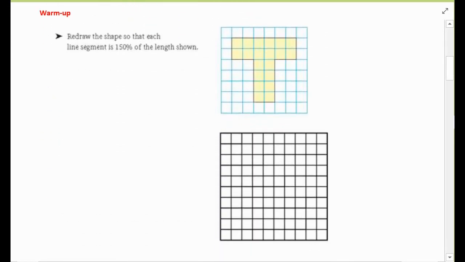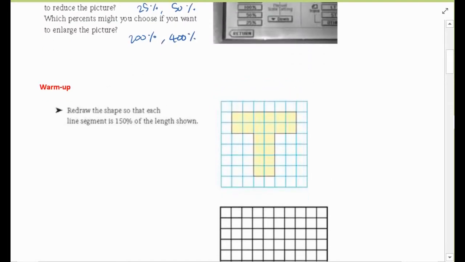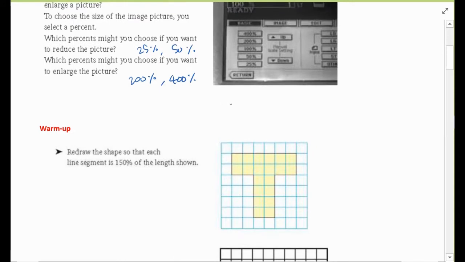What we're going to do is redraw the shape so that each line segment is 150% of the length shown. So 150%, is it enlargement or reduction? It's over 100%, so it's enlargement. I want you to remember, if it is greater than 100%, then that's called enlargement.